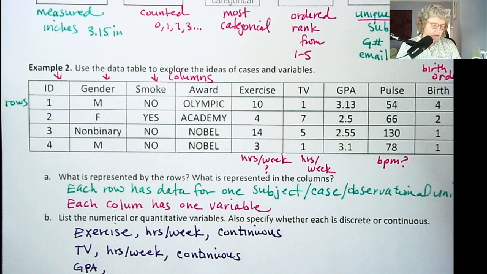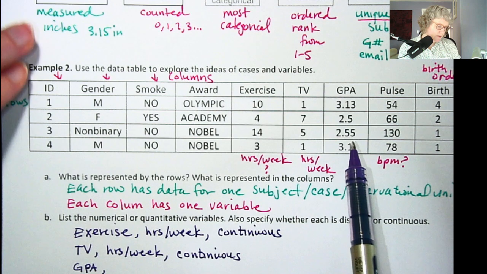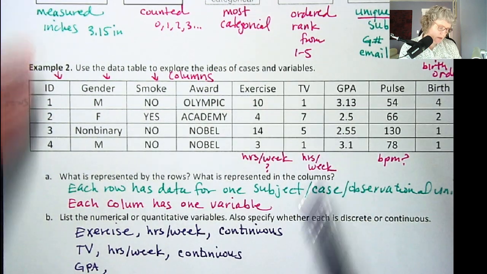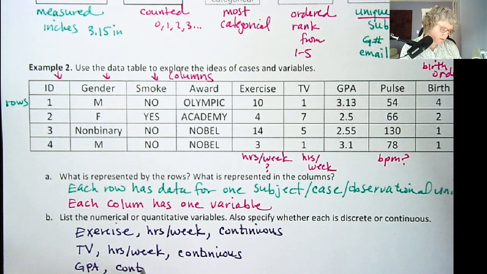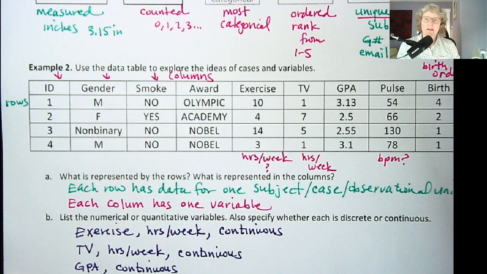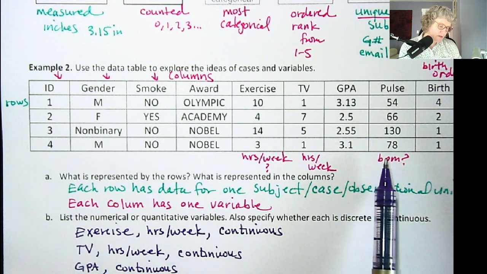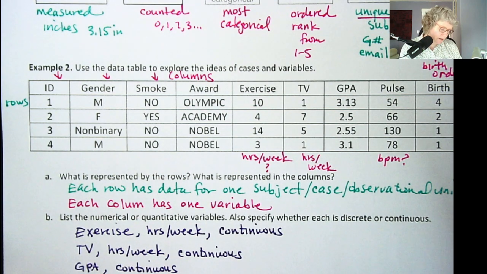It doesn't have any additional units. Again, I would say that this one is continuous because we can have a decimal on there. It's an average, right? So it's your number of points you get for a grade times the number of credits, and then it's averaged out by the number of credits. Okay, pulse also looks like numerical. And I'm going to say beats per minute. I should spell it out somewhere.